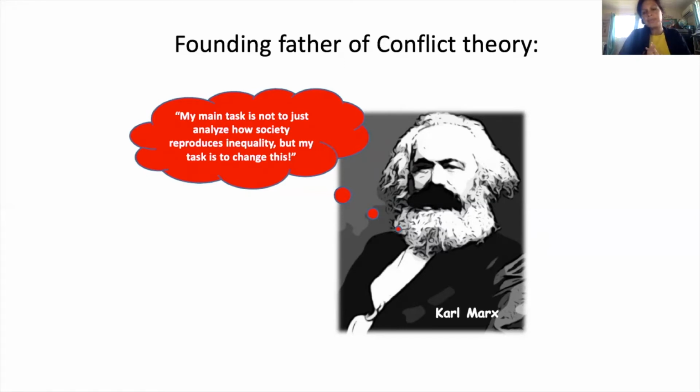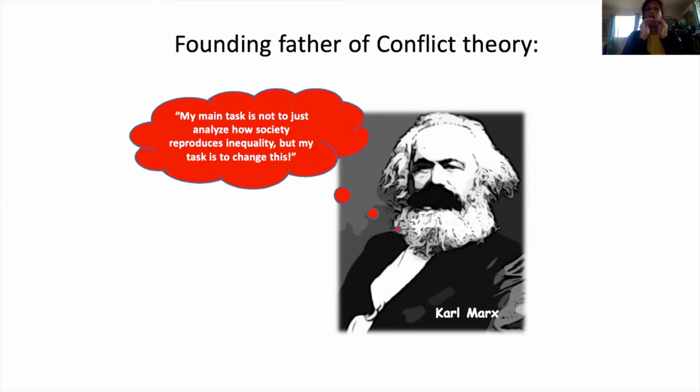Conflict theorists talk about have-nots and haves. Have-nots are those unable to get even their fair share of social rewards due to their category membership, and haves are those individuals and social institutions that gain access to more of society's scarce rewards.